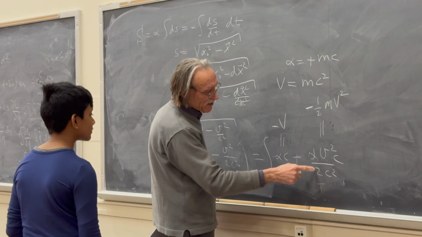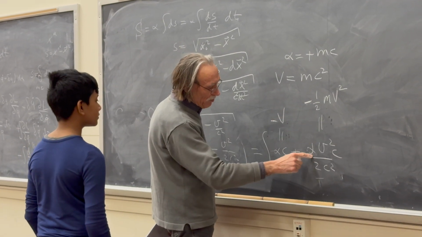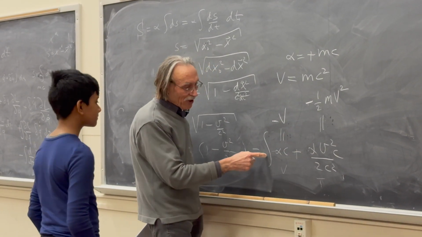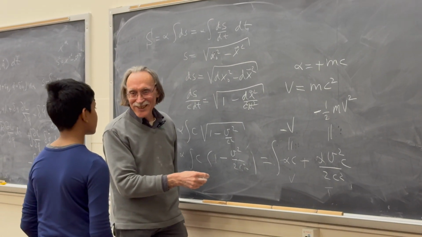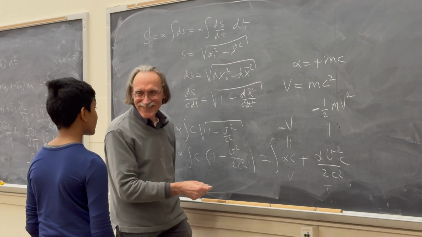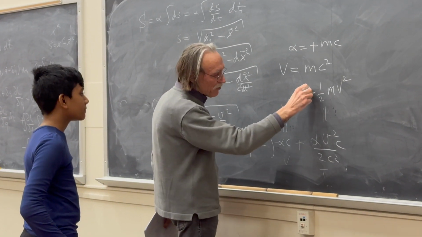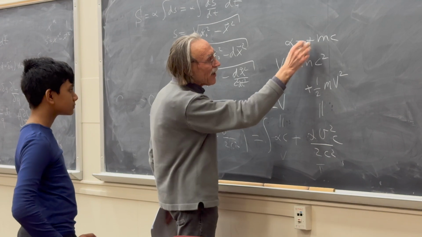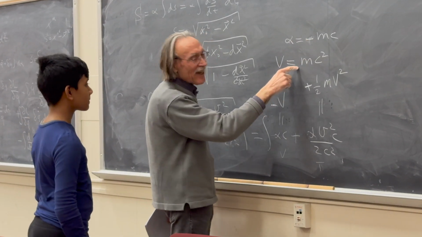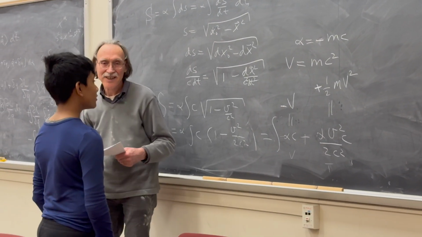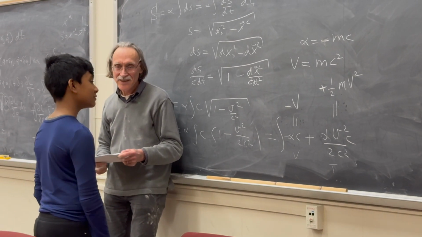So this is equal to, it actually doesn't matter because I determined alpha. So alpha was not yet determined. If you do it in this way, then you find here a plus and you find that alpha is equal to minus mc. And you find this again the same. All right.